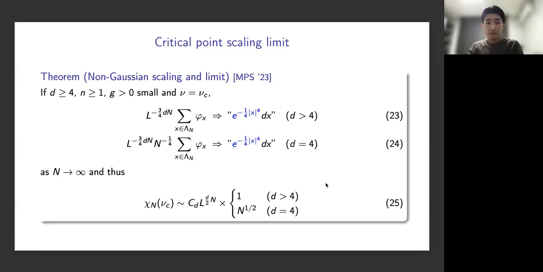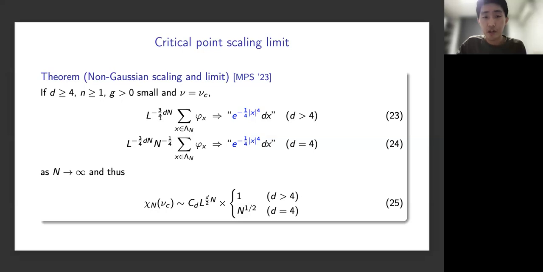And then the highlight of our paper was the non-Gaussian scaling at the critical point. If you look at the critical point, then the sum of phi x's, when you scale it by L to the -3/4 dn for the case d greater than 4, its distribution converges to a non-Gaussian distribution weighted by exponential minus x quartic term.